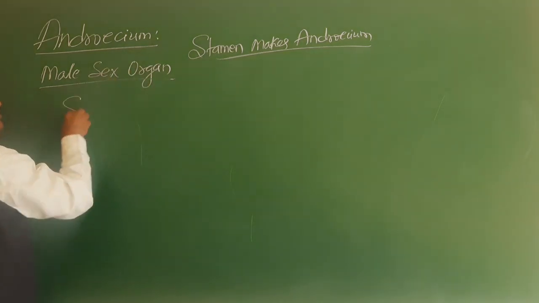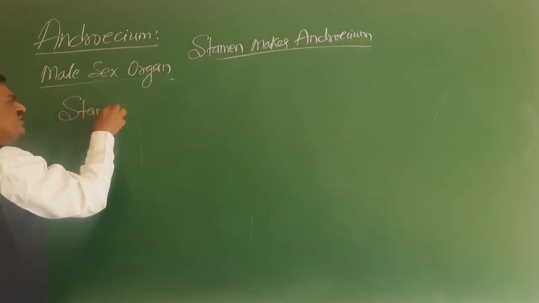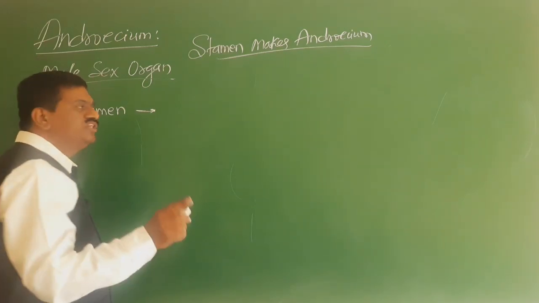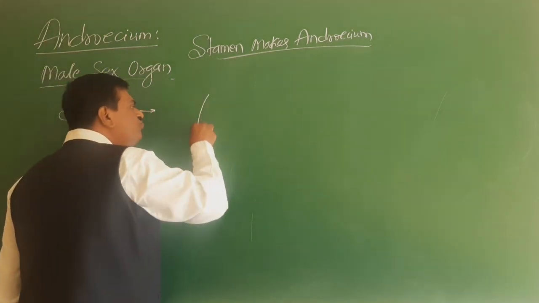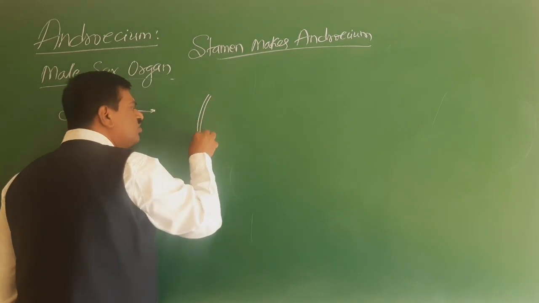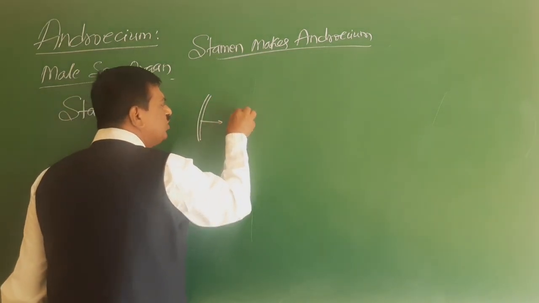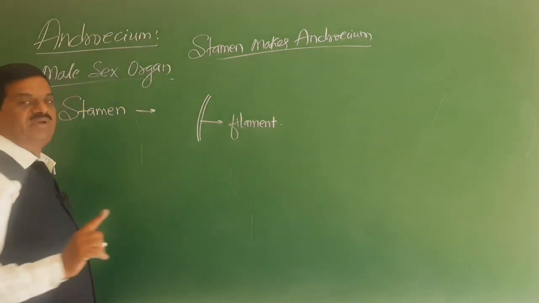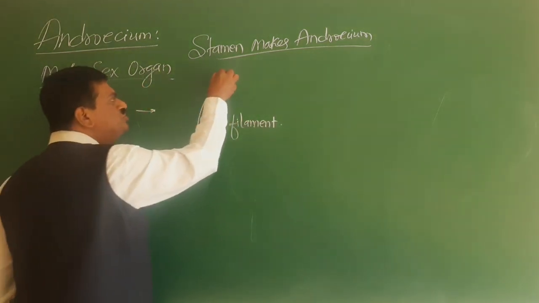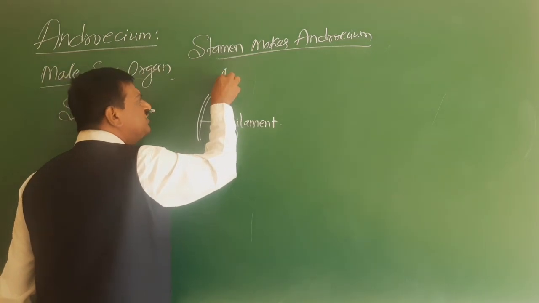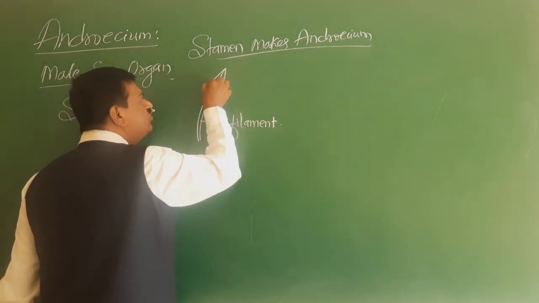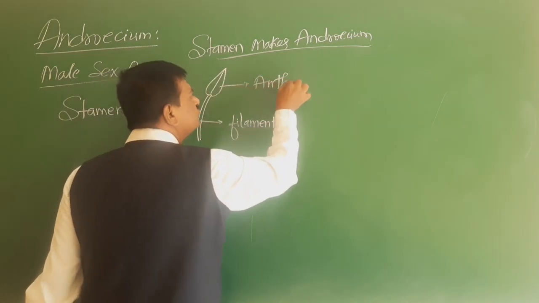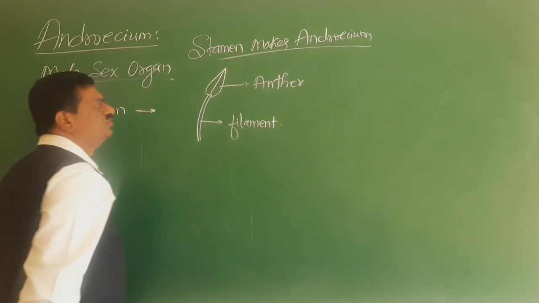When a stamen is taken, the stamen has two parts. One is a long filament, a long stalk-like structure, called the filament. The second part is called the anther.